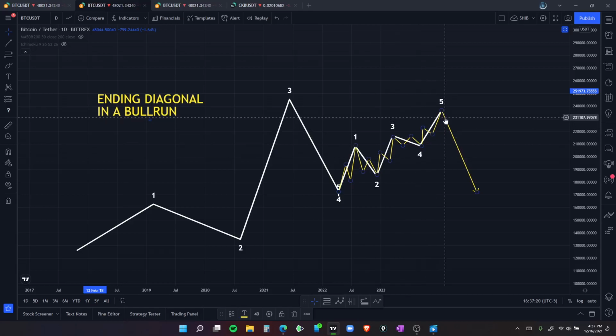So 1, 2, 3, 4, 5 waves within the wave, and then each of those waves has A, B, C corrections, what they call it. So that's what you get here. I did some research and looking around, and I don't see anybody particularly talking about this pattern.